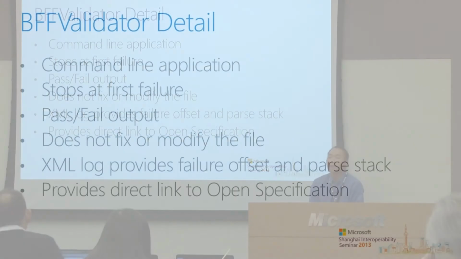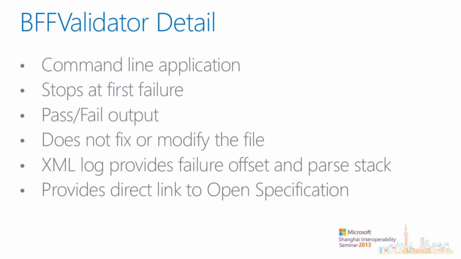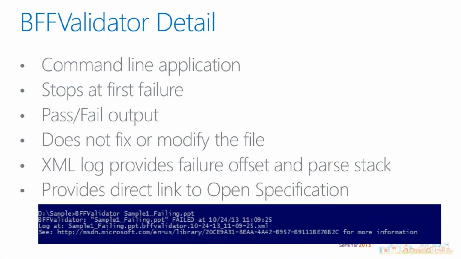The BFF Validator is a simple command line tool. You just run it in the command prompt. It stops at the first failure. What that means is that when the BFF Validator encounters an error, it will report the error in the log file and stop checking the rest of the file, because it doesn't know how to process the rest of it; depending on the issue, it might impact the whole structure of the file.